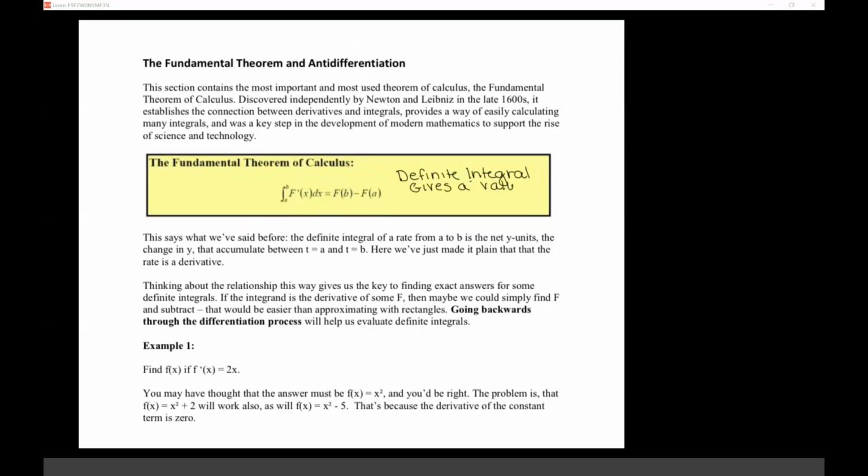And that value is the area under the curve from a to b, the area under this rate curve. Now, I haven't told you how we're going to get the antiderivative yet, because there are rules for that.